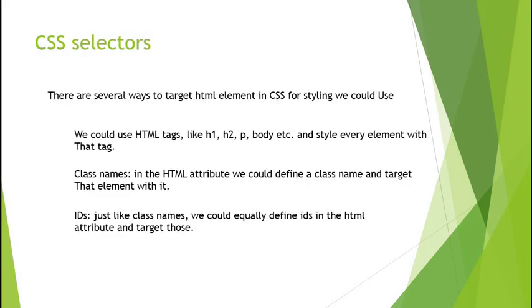I just quite explained this, but let's go over it. There are several ways to target HTML elements in CSS for styling. We could use the HTML tag like h1, h2, p tag, the body tag. You could pick any tag and style it with CSS. We could equally use class names.